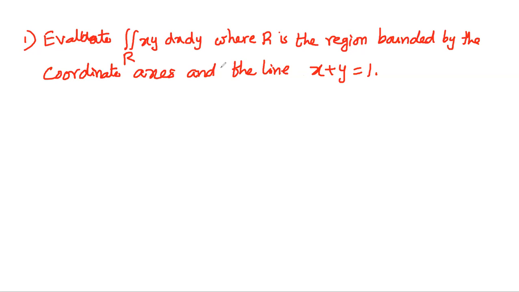What did you understand from this question? Sir, the coordinate axes mean the x-axis and y-axis, and y is equal to 1 minus x. Okay, so there is a line going through both axes. One formula we discussed: x by a plus y by b is equal to 1.